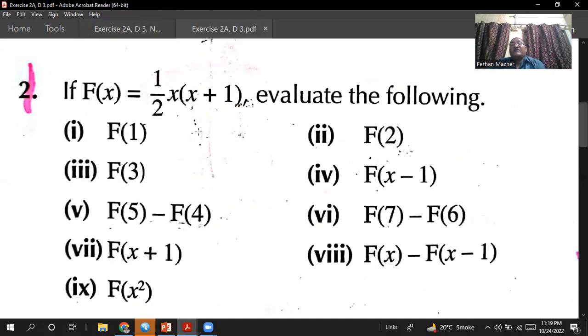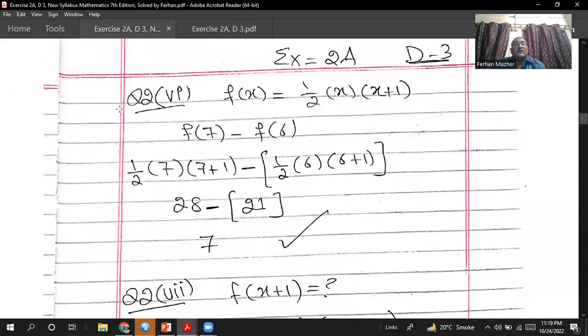Then we have f of 7 minus f of 6, the sixth part. Okay, so f of 7 minus f of 6 will be 1 by 2 into 7 into 7 plus 1 minus square bracket 1 by 2 into 6 into 6 plus 1 square bracket closed. So it will be 28 minus 21 and that will be 7.